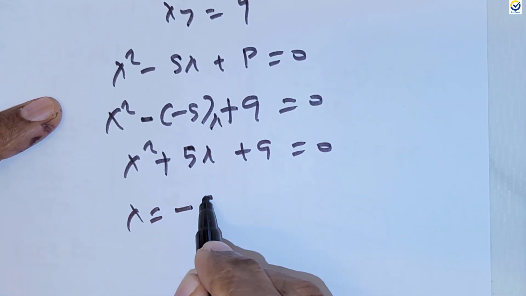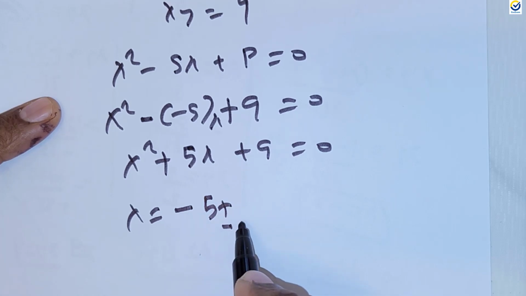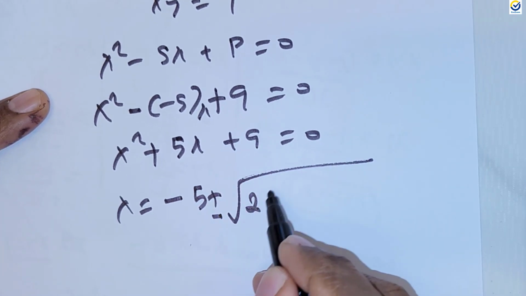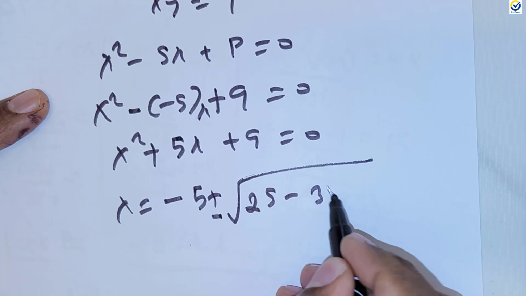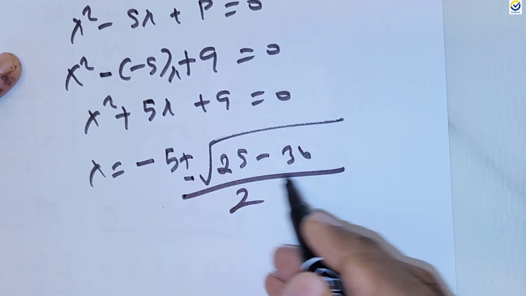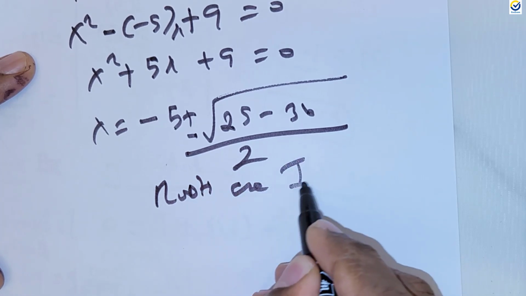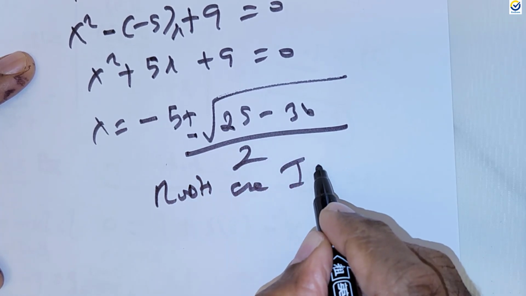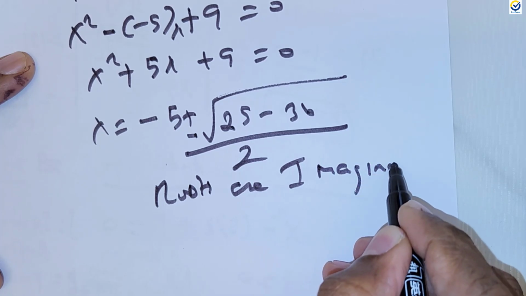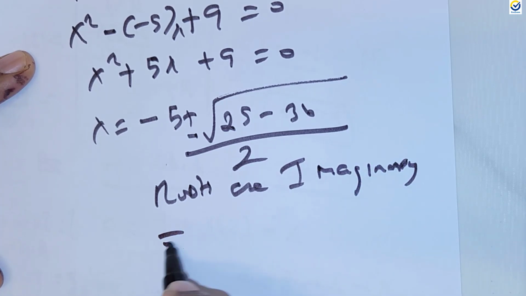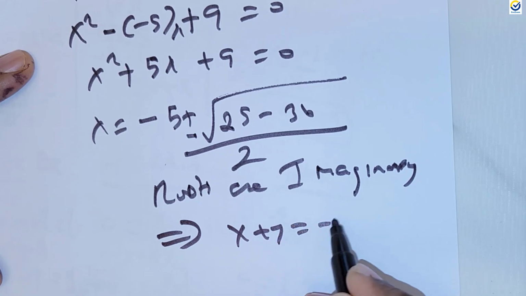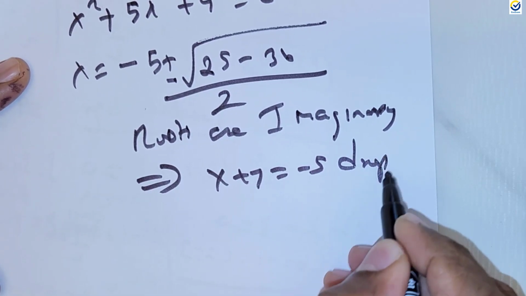So x is equal to -5 plus or minus root of 5 squared is 25, minus 9 fours are 36, divided by 2. So you see here, the roots are imaginary, the discriminant is less than 0. So this means we need to drop x plus y is equal to -5. You need to drop this.